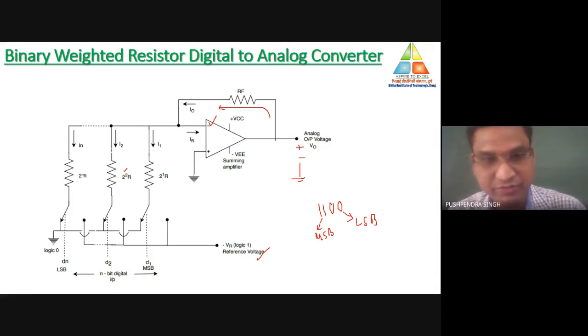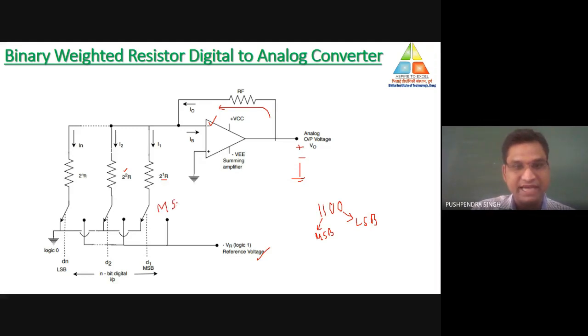This is the basic convention for the notation of any bits. Now in circuit design, which particular resistor will be MSB and which will be LSB? In each and every DAC, the very first resistor which is connected to the operational amplifier, here 2 to the power 1 R, that will be MSB only.